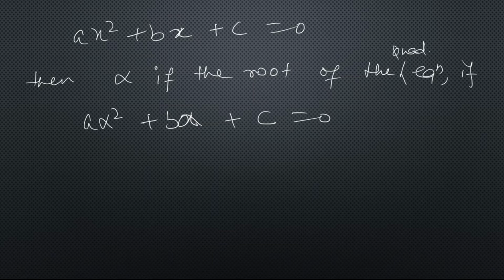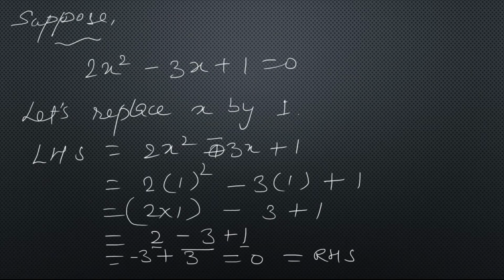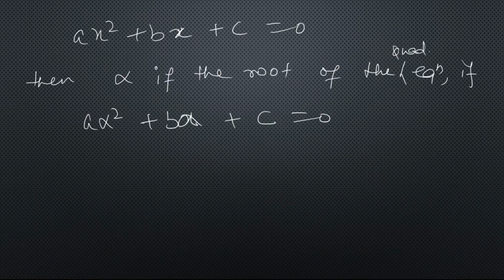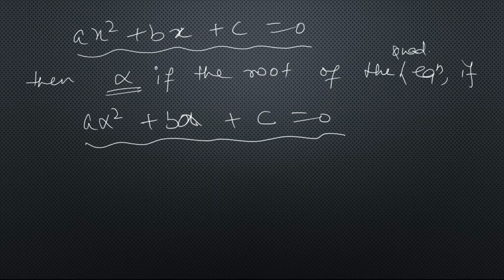Same thing we learned in the previous example, right? If we replace x by 1 in the polynomial expression 2x square minus 3x plus 1, you see it becomes 0 and 1 becomes the root of the quadratic equation. Okay, so according to that only, if ax square plus bx plus c is equal to 0 and if alpha is the root of the quadratic equation, then alpha must satisfy this, right? a alpha square plus b alpha plus c is equal to 0.